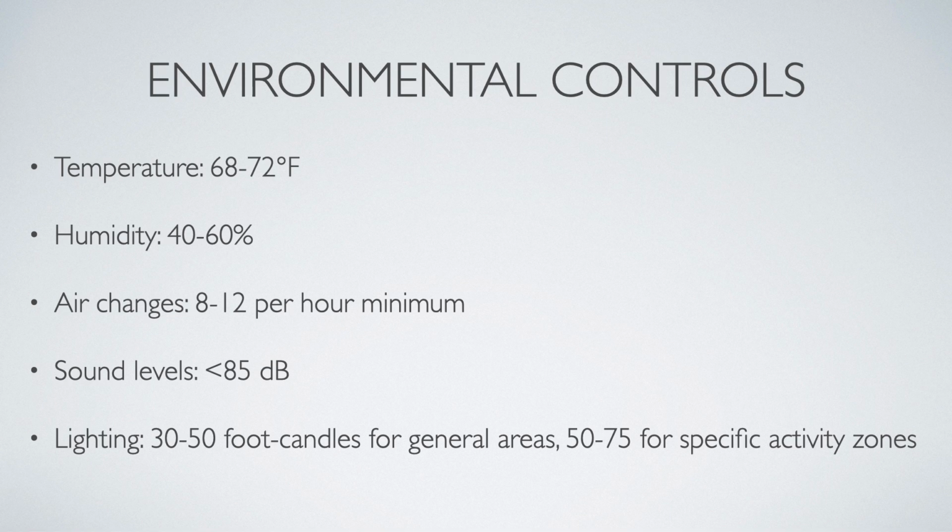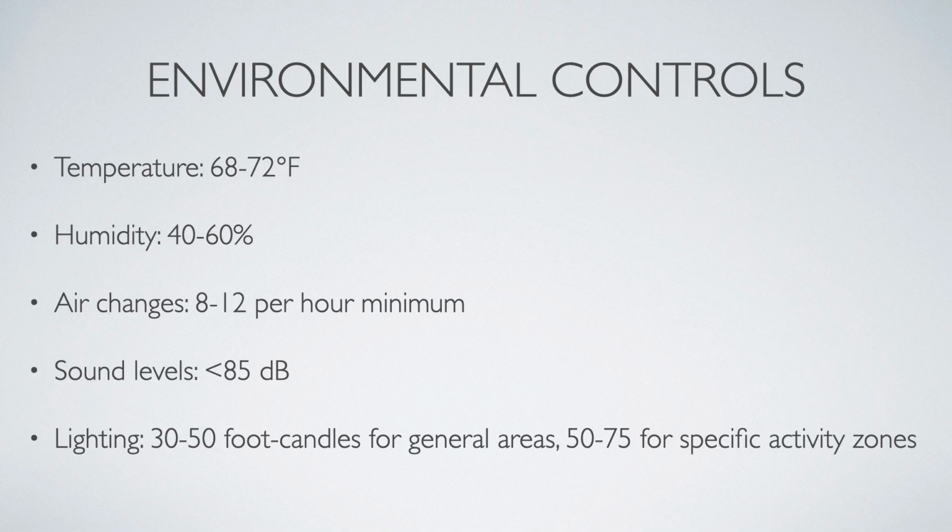Other thing we need to take into consideration is our temperatures, our environmental controls. We don't want it too hot or cold in the building, so typically between 68 and 72 degrees Fahrenheit. Our humidity levels are typically 40 to 60%. We want our air to flow around every 8 to 12 hours minimum.